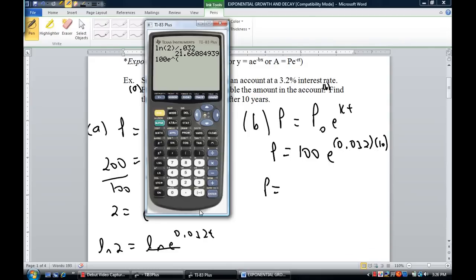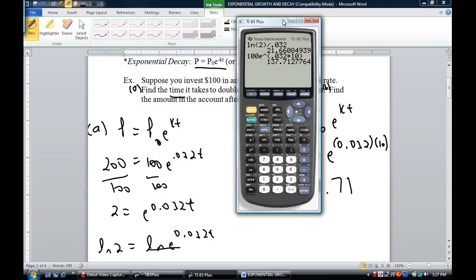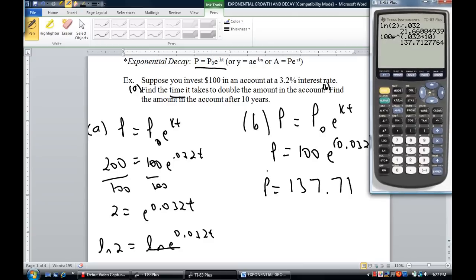Now I'm going to type this in as 0.032 times 10. I don't want to get lost in all these parentheses, so that's why I'm typing it like this. Enter. I'm going to get an answer that we would suspect. 137.71. And that is dollars. So be careful how you type it in, but not too bad otherwise.